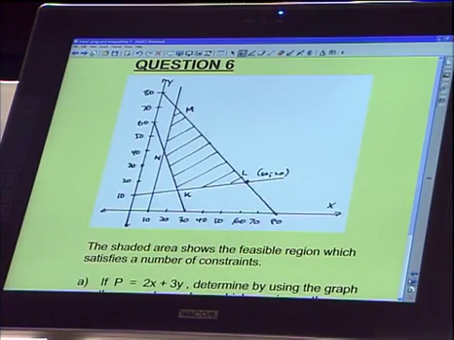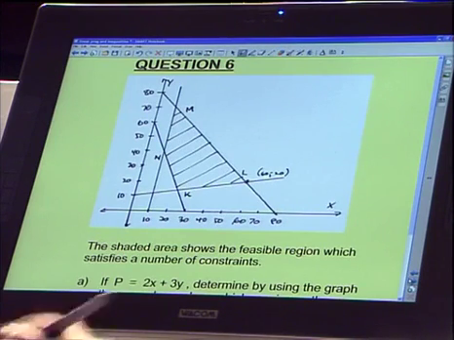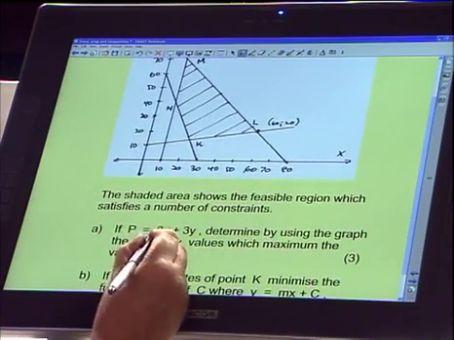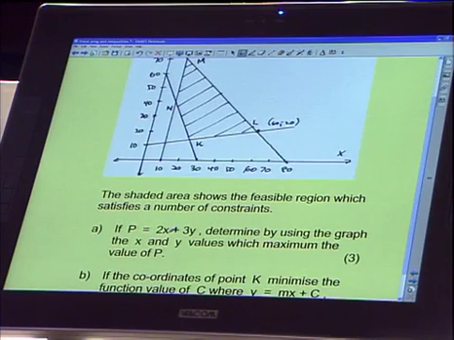This next question talks about us having a similar situation with a shaded area. And again, they're saying the shaded area shows the feasible region which satisfies a number of constraints. They tell me that P is equal to 2x plus 3y, and they ask me to determine, by using the graphs of x and y, the values which maximize the value of P. All right, so that is not too bad.